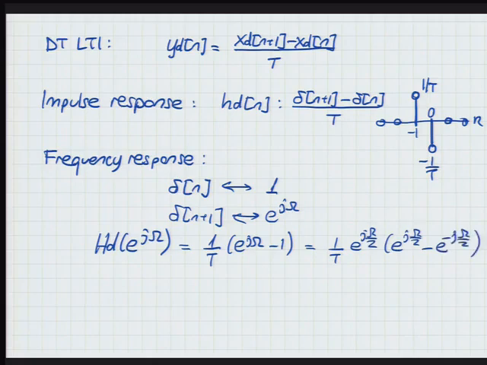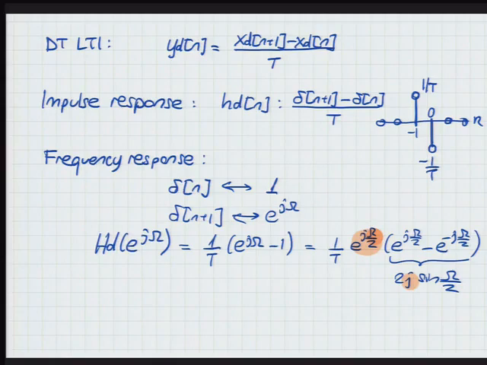And then this looks like 2j times sine omega by 2. The reason for doing this is that the factor out front only gives you a little phase. The magnitude of that is 1. Similarly, j only gives you a phase. So what you're really left with in terms of magnitude is the sine.